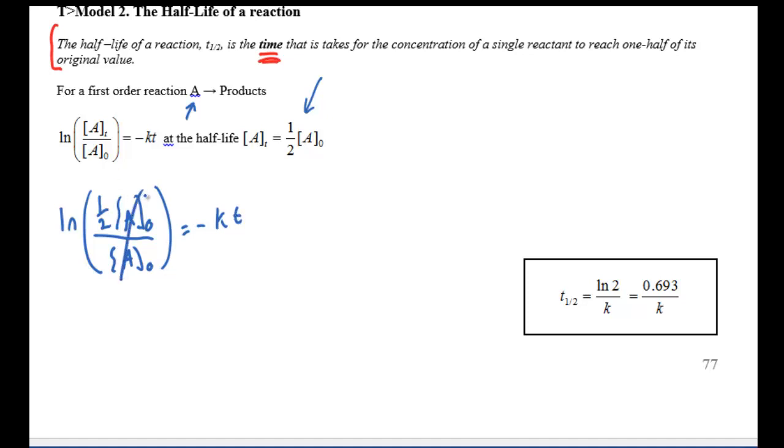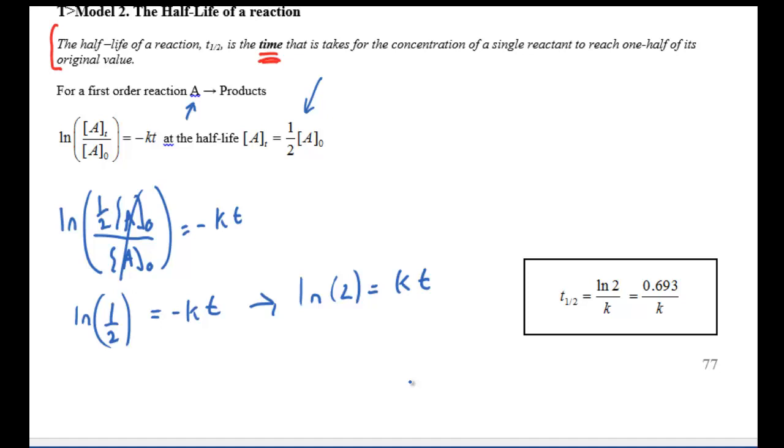As you might imagine, the original concentrations cancel, and this leaves me with ln 1/2 equal to negative kt. Logarithm rules allow me to multiply both sides by a negative sign. This will result in ln 2 on the left-hand side, and multiplying the right-hand side by a negative sign will result in a positive kt. Therefore, ln 2 is equal to kt.